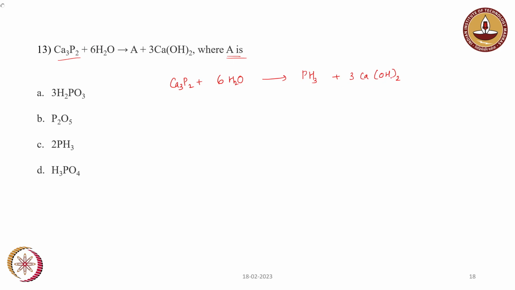There are 3 calcium, it's balanced on the right side, 2 phosphorus, so it will be 2. For hydrogen and oxygen, this is 6 OH plus 6H, it will be 6H2O. So all balanced, so it will be 2 PH3. So option C is the answer.